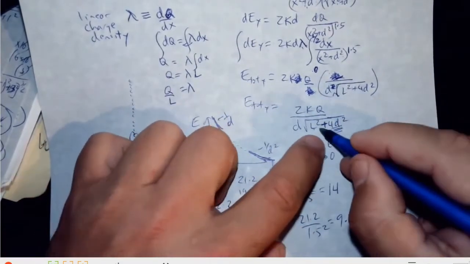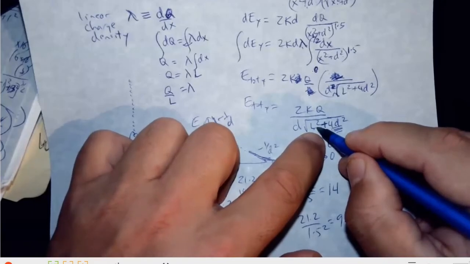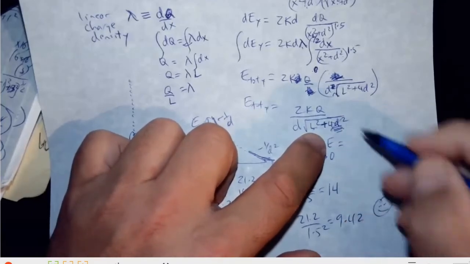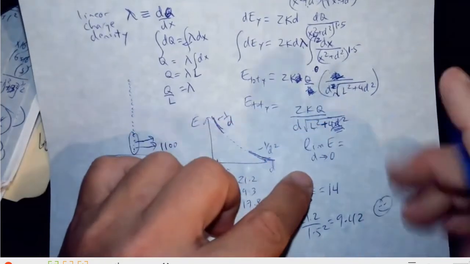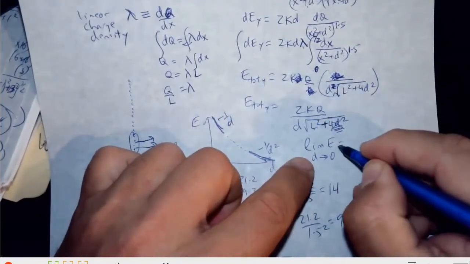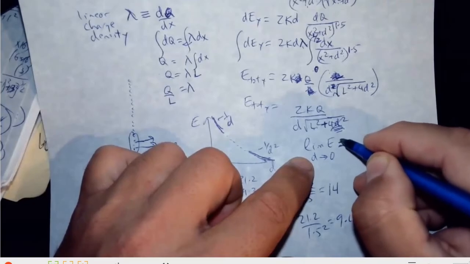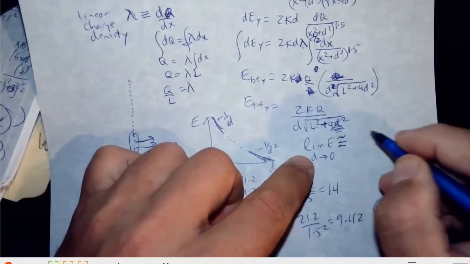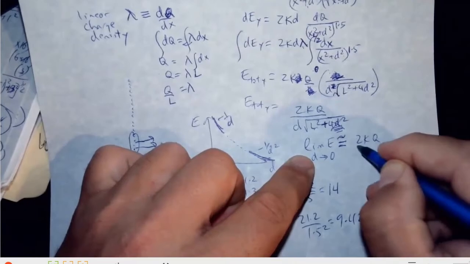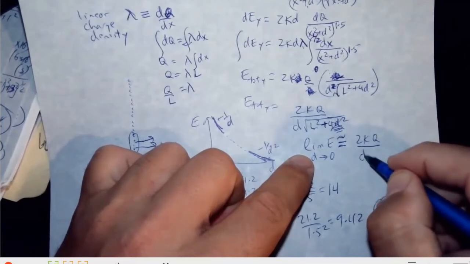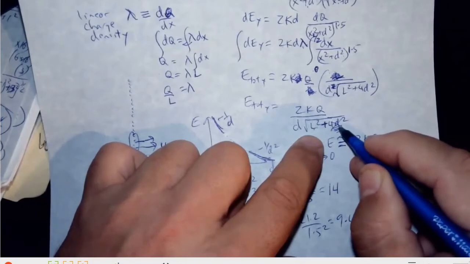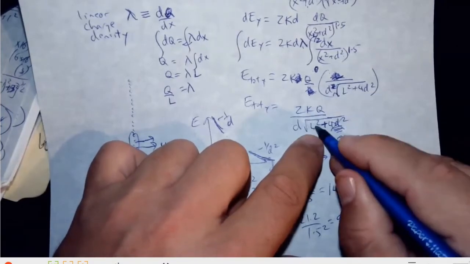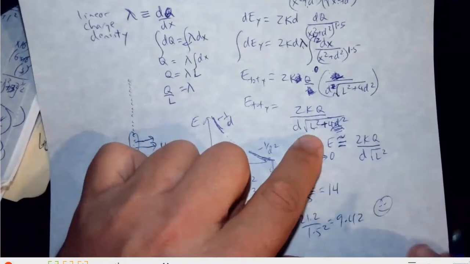Well, when this is a small number compared to the length, you could ignore it and the length dominates. So that means the behavior of this function approximates 2kq over d times what? If this is being added to that and it's a small number, that means it's just the square root of L squared.